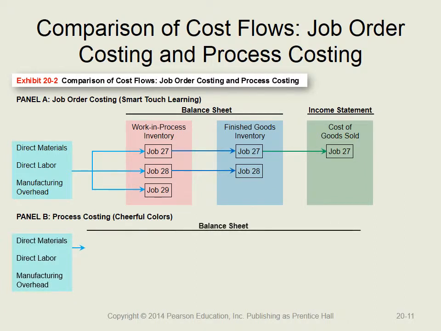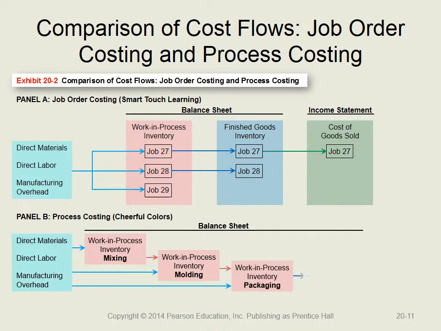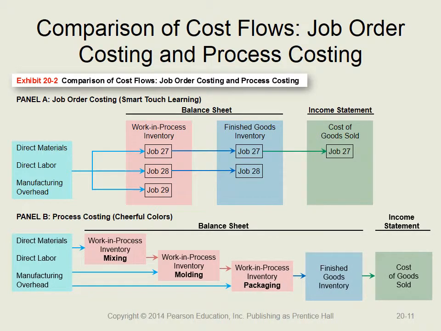Panel B diagrams the flow of costs for Cheerful Crayon's process costing system. The most obvious difference between job order costing and process costing is that in process costing, each process, in this case mixing, molding, and packaging, is a separate department, and each department has its own work-in-process inventory account. Direct materials, direct labor, and manufacturing overhead are assigned to work-in-process inventory for each process that uses them.